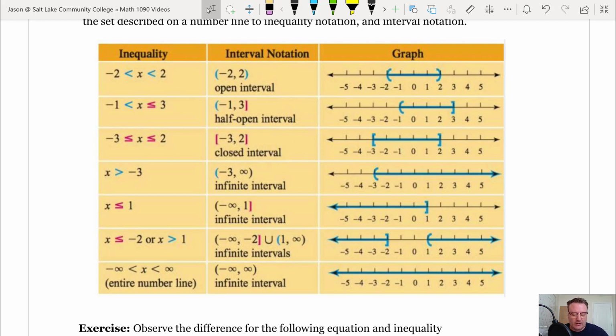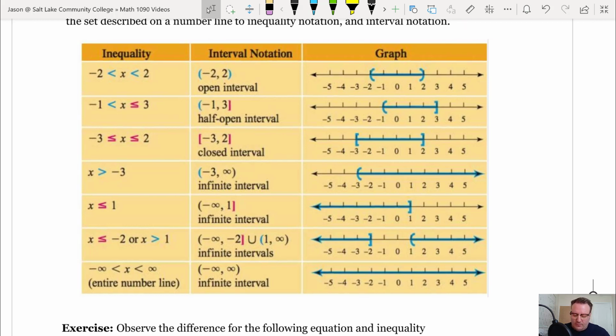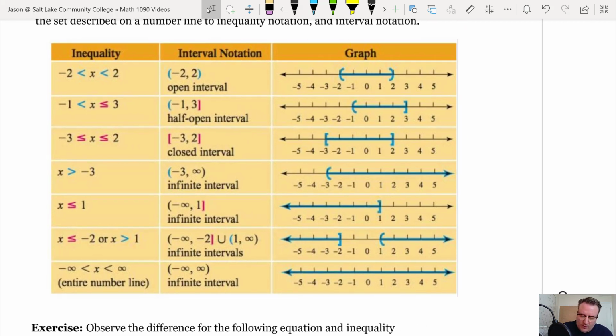So we say this inequality is strict, because we're not including the endpoints of the interval. We use rounded parentheses to indicate that. When we do the graph, we'll often use rounded parentheses as well, or sometimes you'll see an open circle drawn at -2 and 2.